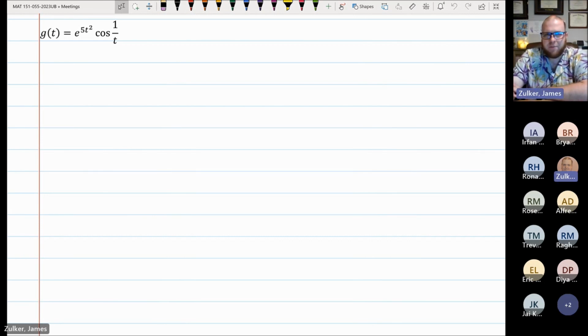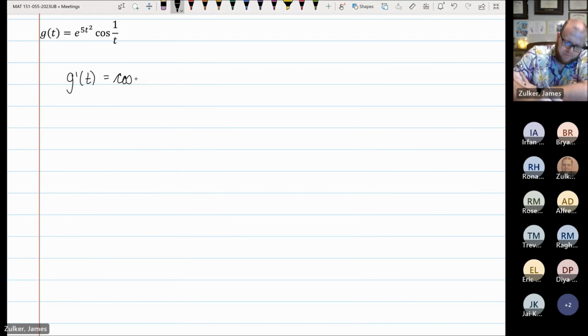Product rule, right? We have a product of functions. Second function times the derivative of the first. Now we're taking the derivative of an exponential function, specifically of the natural exponential, right?